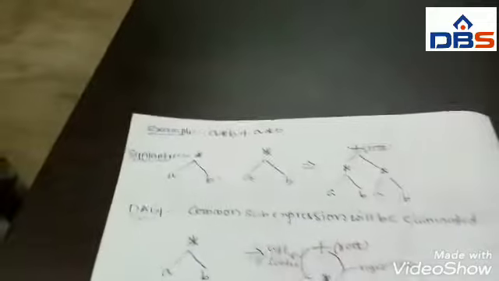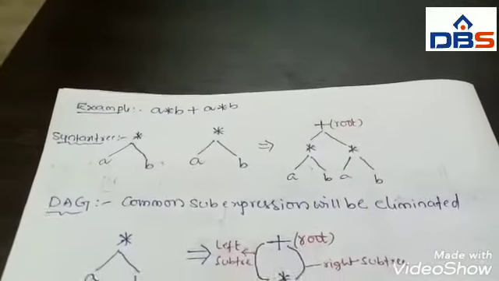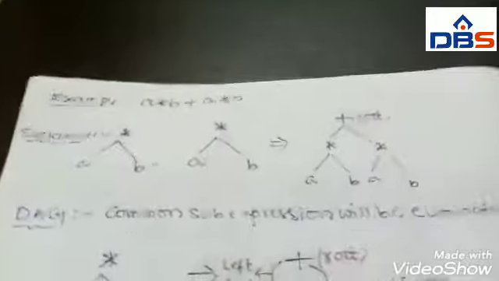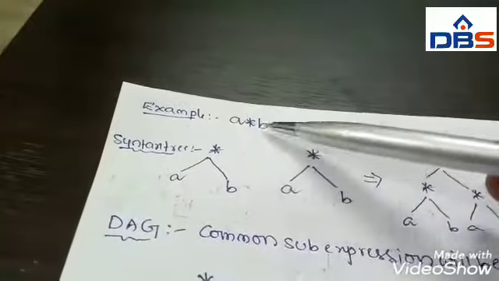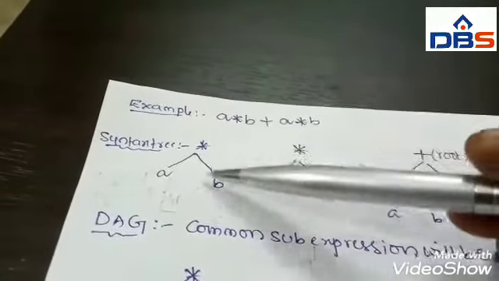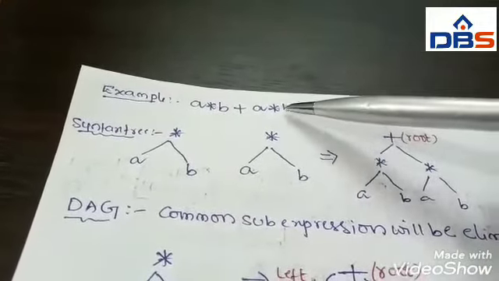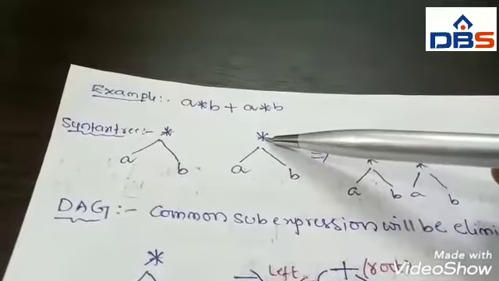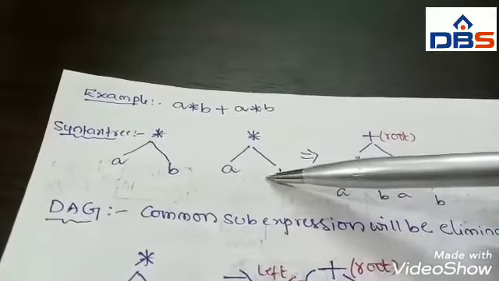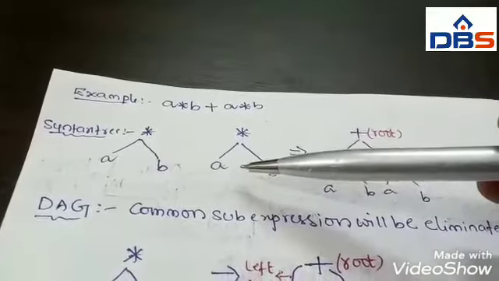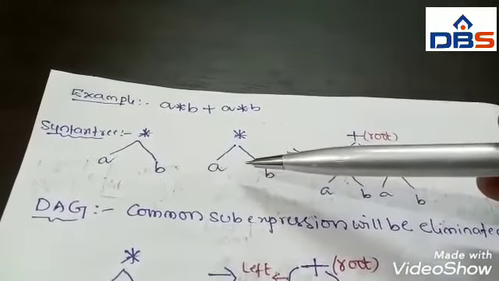Take the example expression A star B plus A star B. If we construct the syntax tree, for A star B, star is the root, A is the left and B is the right.